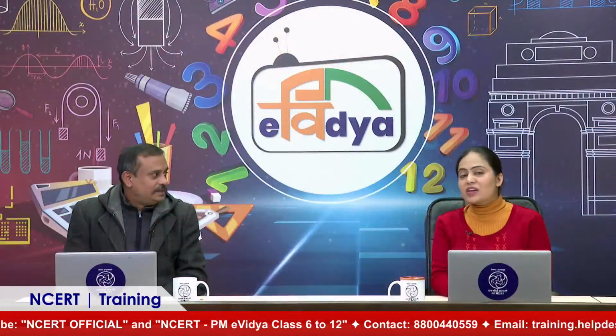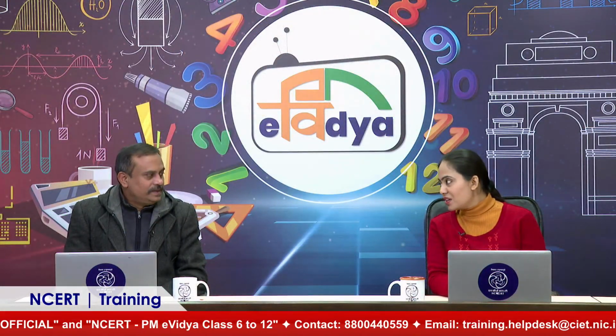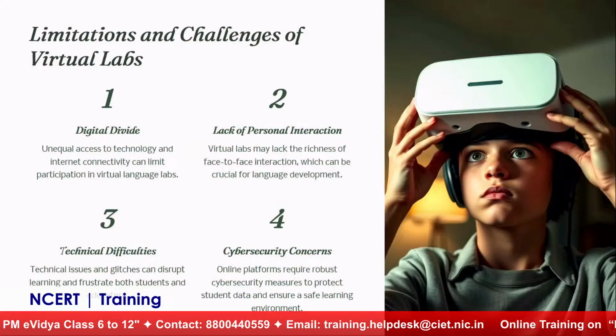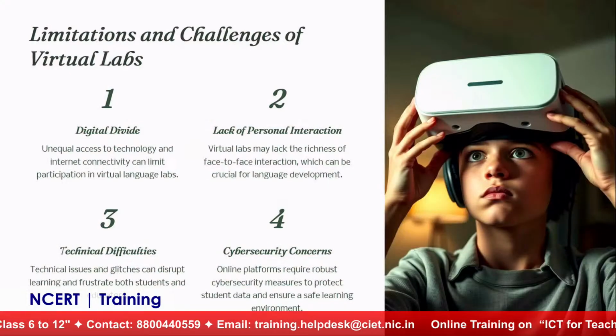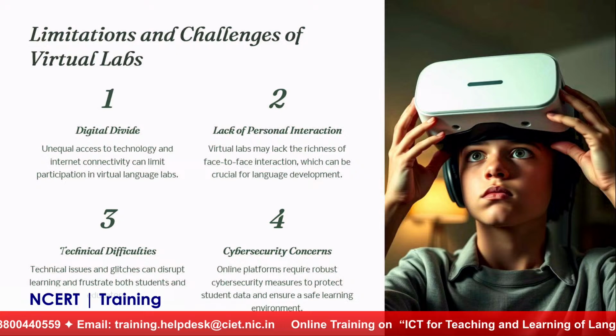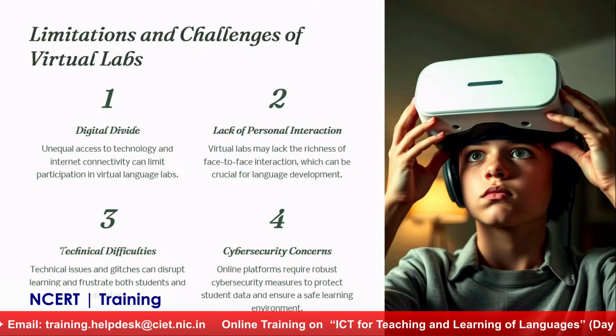There are many families in which there is only one phone in a family of 6 or 7 people. True. So you cannot keep the phone busy for a longer period of time just because you want to practice. So during COVID, this was a problem where a family would have just one phone, and there are 3 children in a family, and they all have their classes. How would you do that?